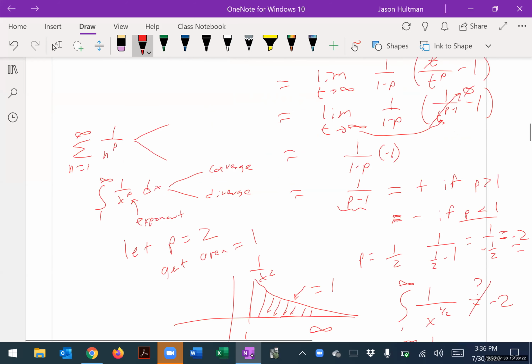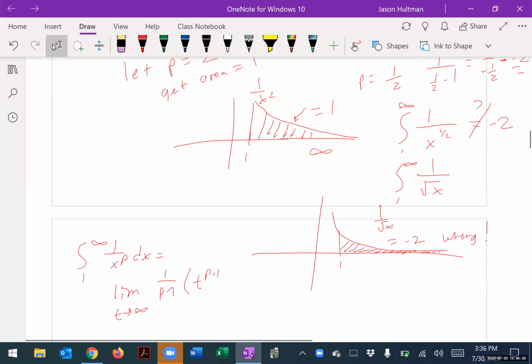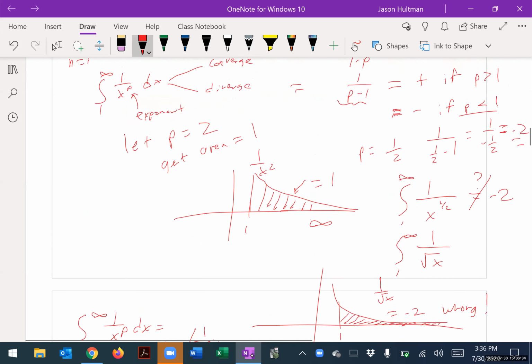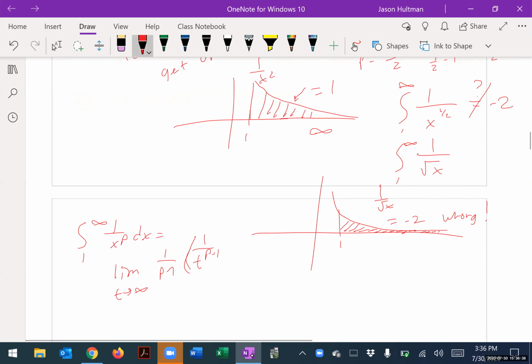Was it p minus 1 or 1 minus p? It was t to the p minus 1, but it was 1 over t to the p minus 1, and then minus 1.